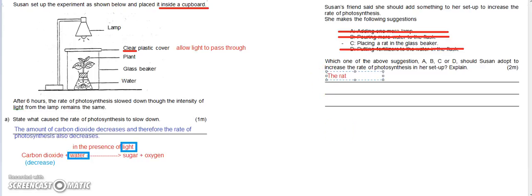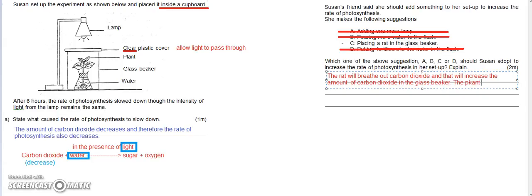The rat will produce carbon dioxide, and will breathe out carbon dioxide, and that will increase the amount of carbon dioxide in the glass beaker, right?